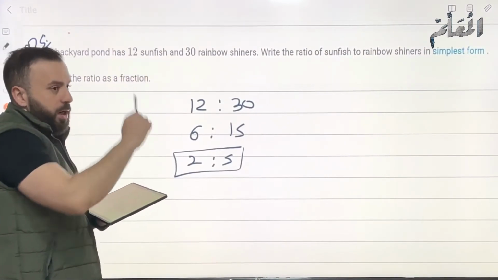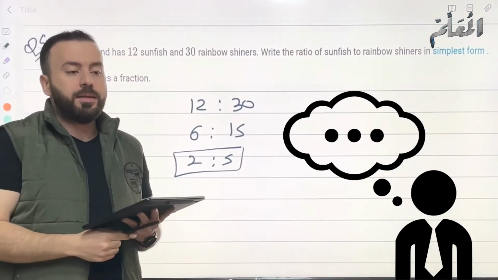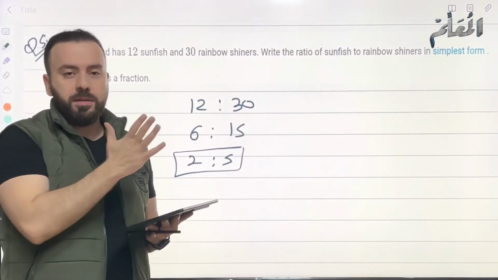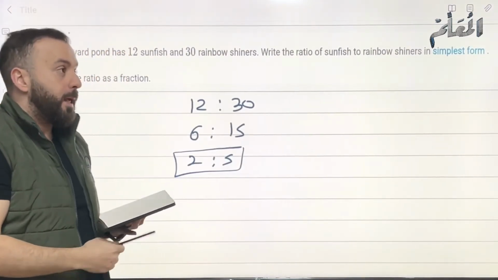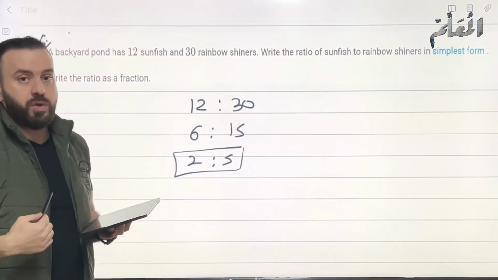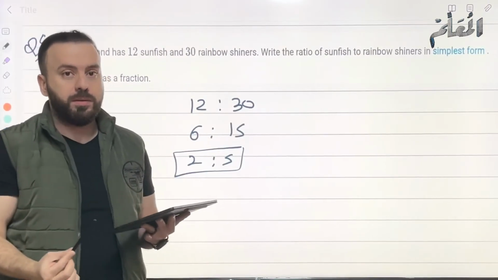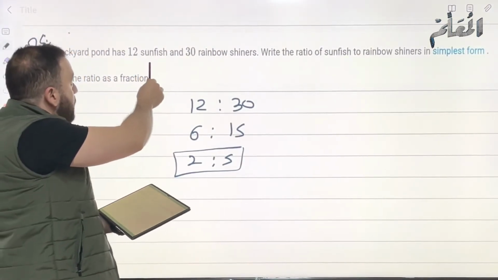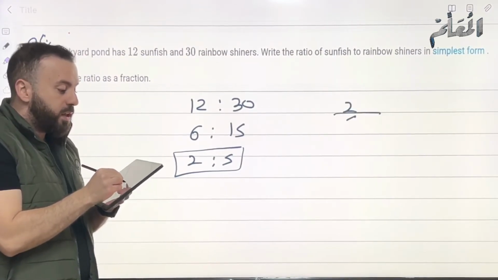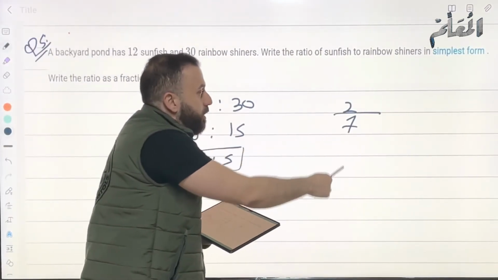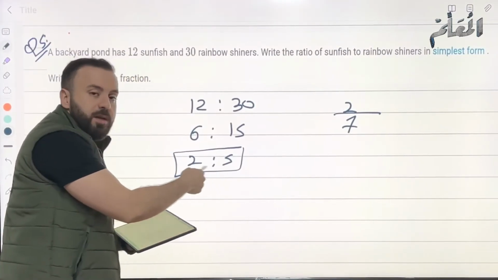This is the simplified form between the sunfish and the rainbow shiners. I have a question. Just put this in your mind. This is not related to the question. Just remember how you can put the rules there. And think, if I asked you, what is the fraction of the sunfish? That's going to be 2 over 7. From where I get the 7? From the sum.